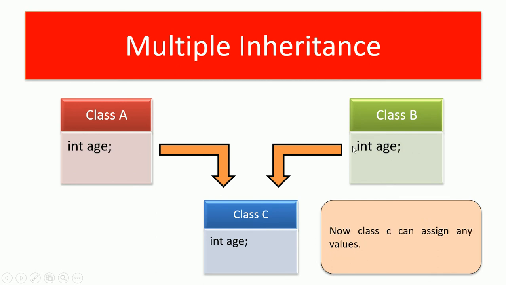Just remove the value from both A and B, leaving the variable uninitialized, just declared alone. Now as per the rule of inheritance, class C inherits from class A, which insists class C have an age variable. Again, class C inherits from class B, so class C is supposed to have a variable named age.